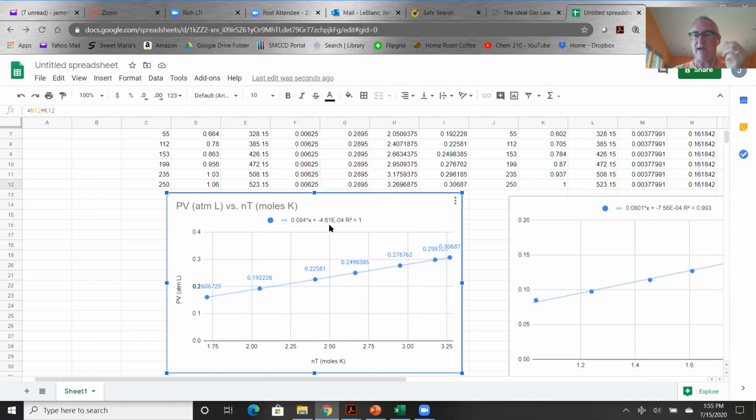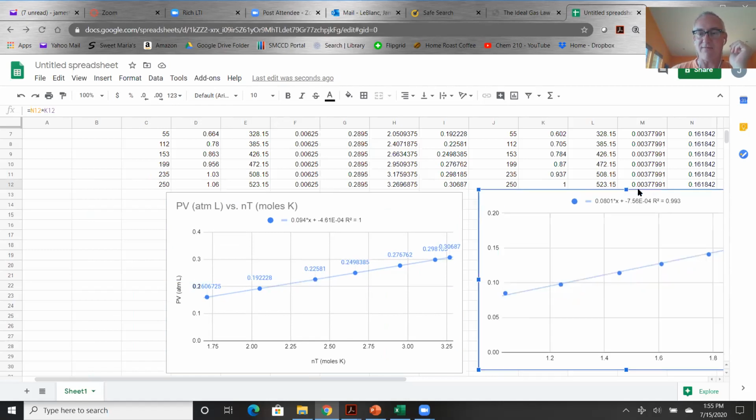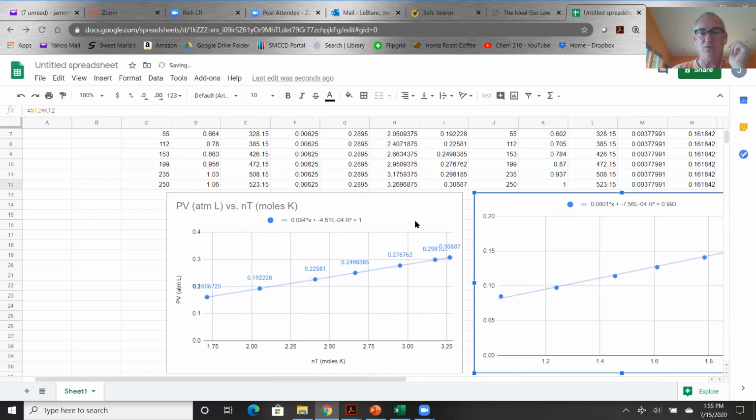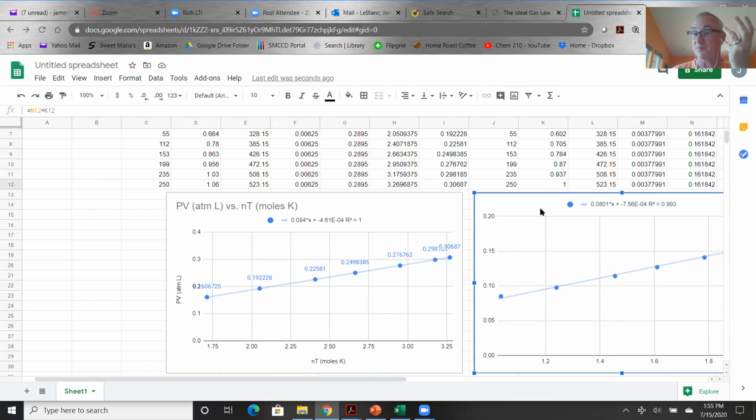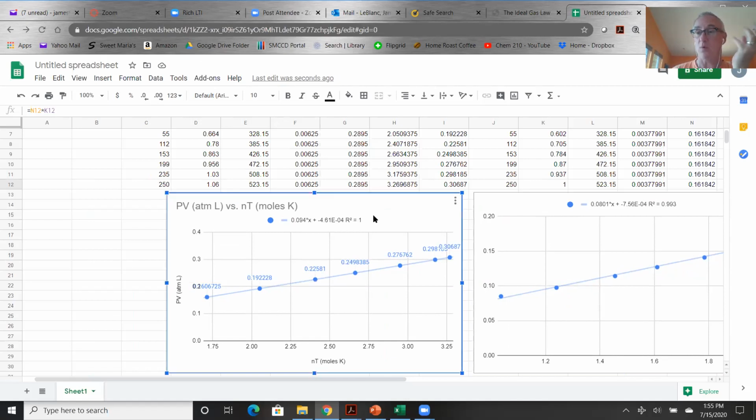I have my equation. The one on the right, I don't have the axes labeled. I don't have a title. So the one on the right would be worth less in grading than the one on the left, because you have to have your axes labeled.